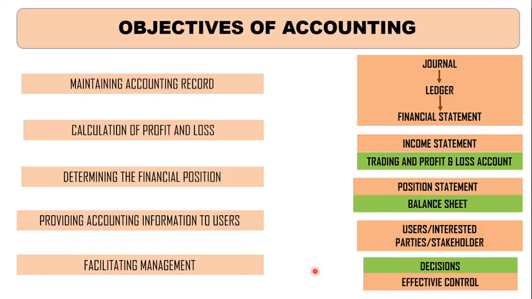Okay, accounting basically provides the information to the management so that they can plan for the future, they can take effective decisions for the future, and also can have effective control over things, because unless and until they know the data of the firm, like what exactly the firm is earning, they cannot plan for the next thing, that whether to increase the sale or to reduce the cost, so what strategy to be used. So they can take a decision only if they are very clear, means when they get the accounting information from their books of account. Clear?